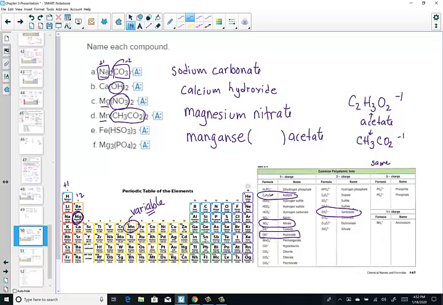Acetate is a -1 charge. You see that? So I have 2 groups of a -1. C2H3O2 is a group of atoms acting as a unit carrying a -1 charge. 2 groups of them, each at a -1.